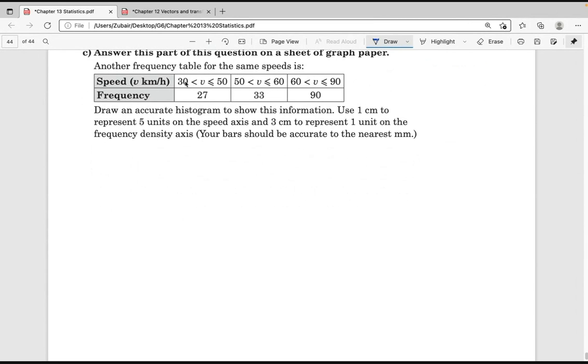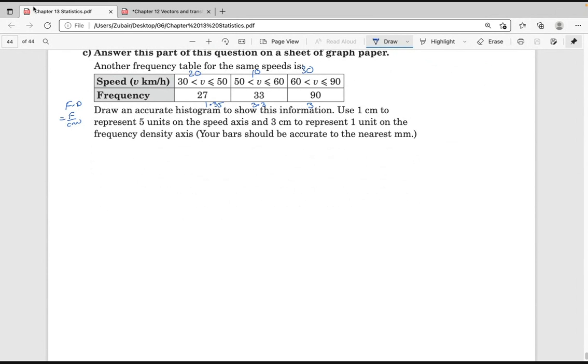That's very bad. These classes are uneven. The first class is 20, then 10, then 30. So we will have to draw frequency density. Frequency density is equal to frequency divided by class width. So 27 divided by 20 is 1.35 for the first one. 33 by 10 is 3.3. And 90 by 30 is 3.